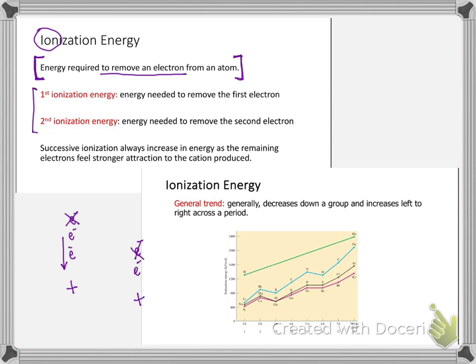But then again, the remaining electrons get pulled even tighter. So as you remove electrons, the ion becomes smaller and smaller than the parent atom, where it started. The first ionization energy is going to be the least, and as you try to remove more, it gets harder, so the ionization energy gets larger.